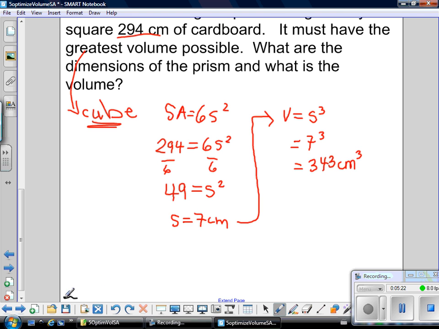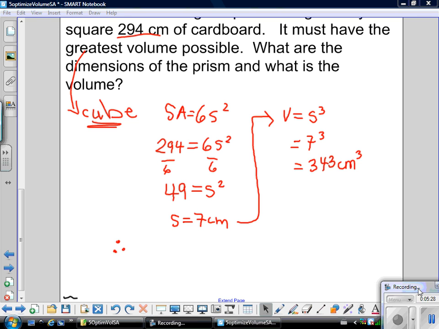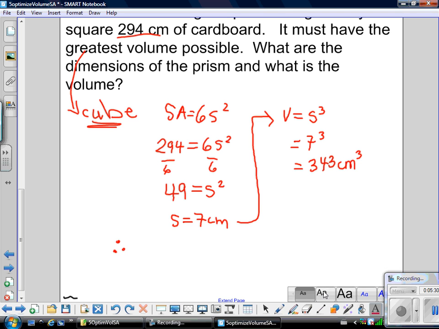Again, for a question like this, I would probably put a therefore, and this time I'm going to type it, just because it does save time and memory. And up it comes.